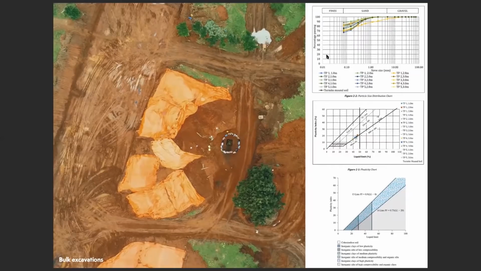And the lower chart basically shows the consistency of the soil, because the forces that hold the soil together are very important, and that's really coming from the clay and the silt particles in the soil.